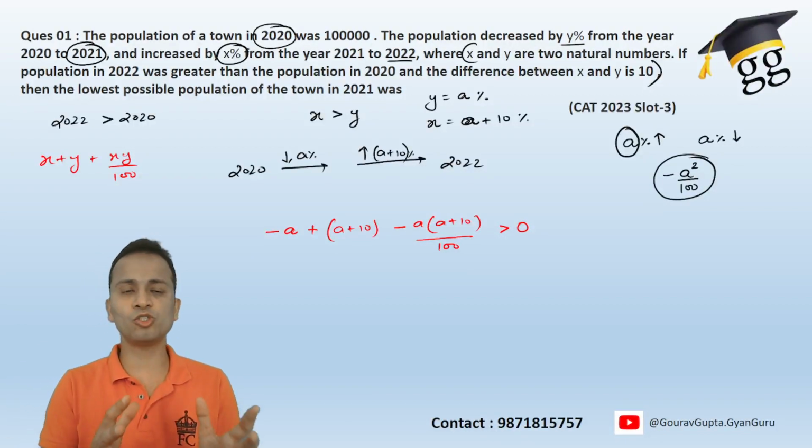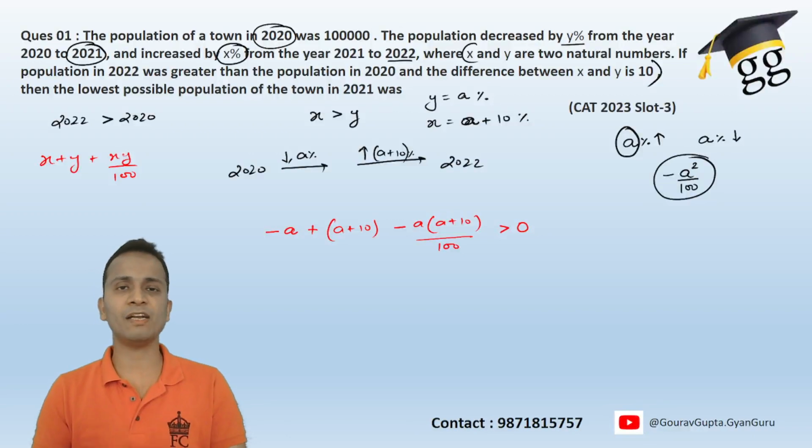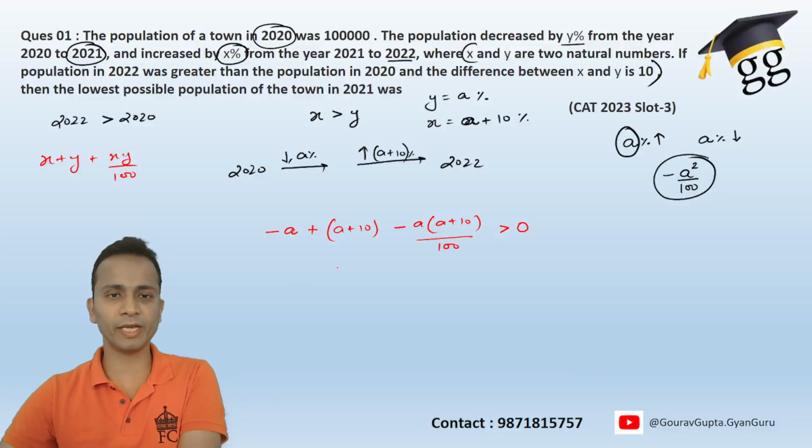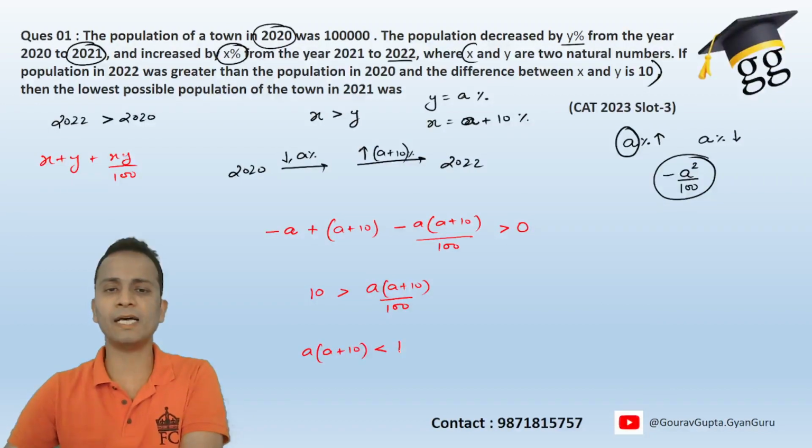We'll substitute these two values in the same formula and we'll get this inequality. Now simplifying this a little bit, I'll get 10 is greater than A into A plus 10 divided by 100. So A into A plus 10 will be less than 1000.